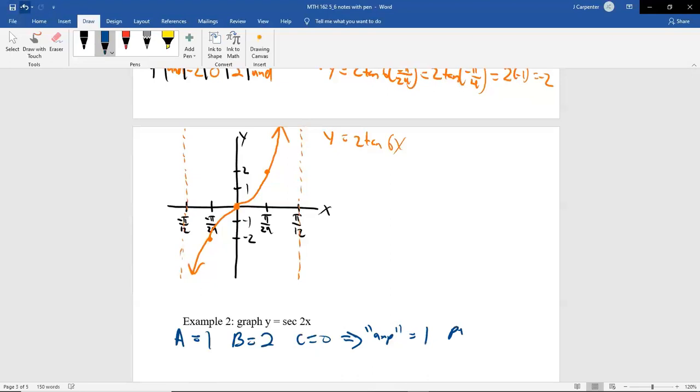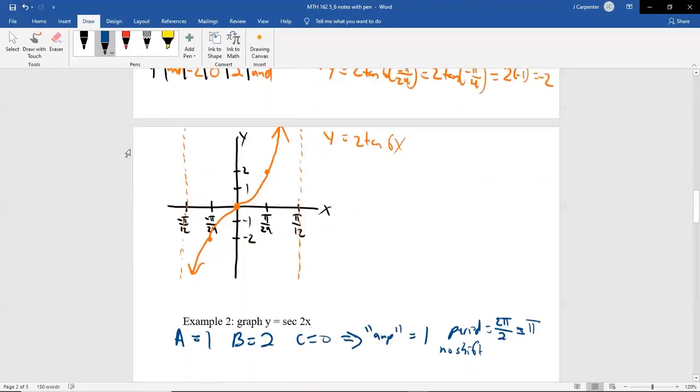Then the period should be 2 pi over b. This is secant, so 2 pi over the b, which was 2, making it pi. I had the answer in my head, which is why I said pi initially. And then there was no shift.